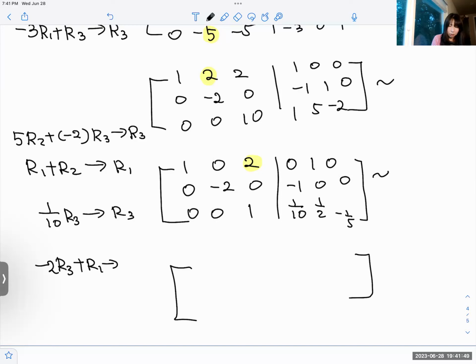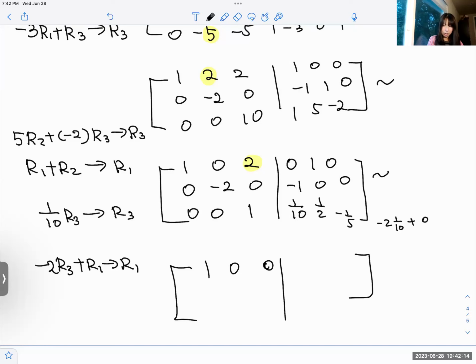-2 R3 and R1 to make R1. So 0, 0, oh, 1, sorry about that, 1, 0, -2, which is, ooh, so -2, 1, 1, 0 plus 0, right?